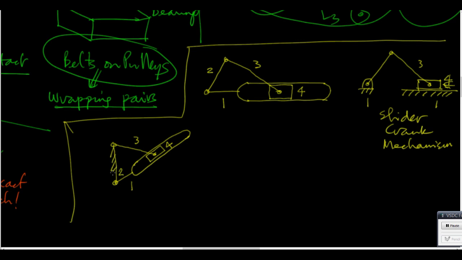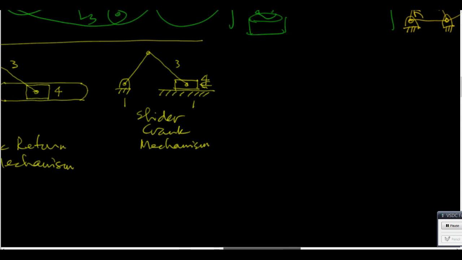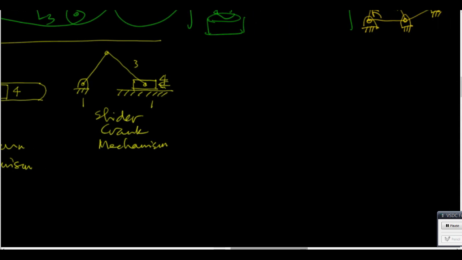Now this one is called a quick return mechanism. And why it is called a quick return mechanism will not be so obvious from here. But if you have seen a shaping machine in your manufacturing process class, then you may remember that a shaping machine has something like this. So it has, let us say, something long with a slot in it.